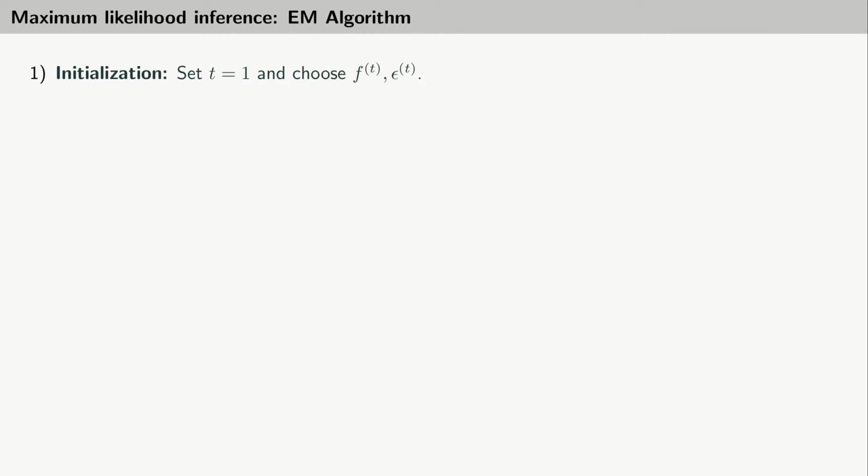With all these derivations at hand, we can now set out to implement the EM algorithm. The first step of the EM algorithm consists of initializing all the parameters, in this case f and ε. Let us denote by t an index of the iteration. So we're going to first set t equal to 1, and we're going to choose values f_1 and ε_1. These are educated guesses of both of these parameters of the model.